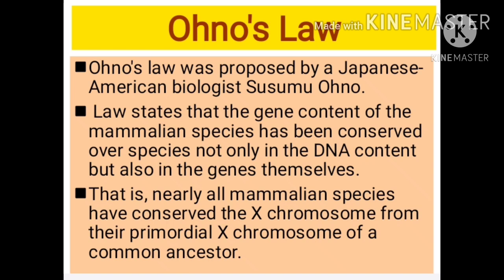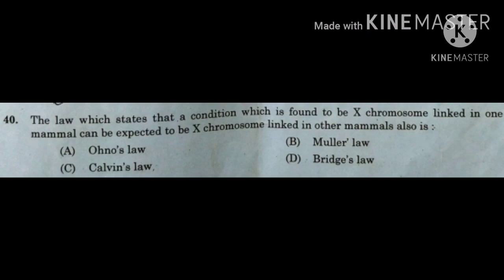That particular X chromosome and its associated genes are highly conserved, and that law is known as Ohno's law. So the correct answer for this question is option A, Ohno's law. The remaining three laws are not related to biology, so I am not discussing those laws.